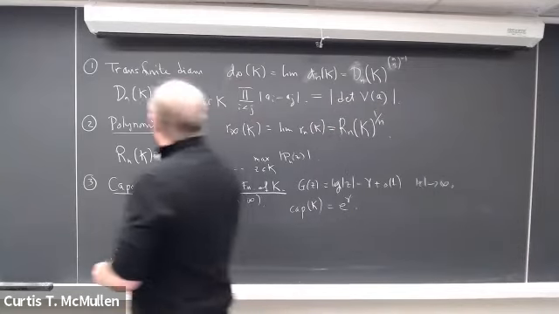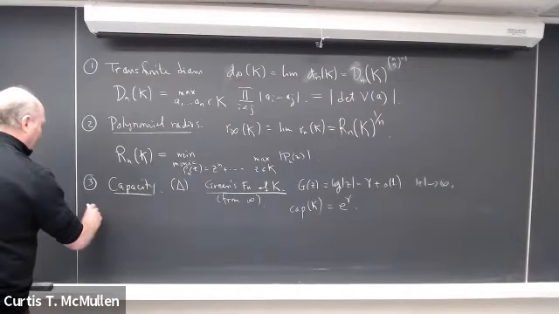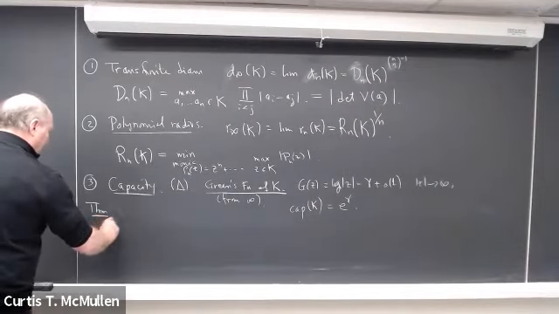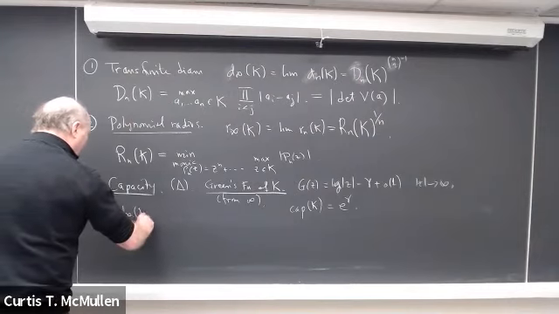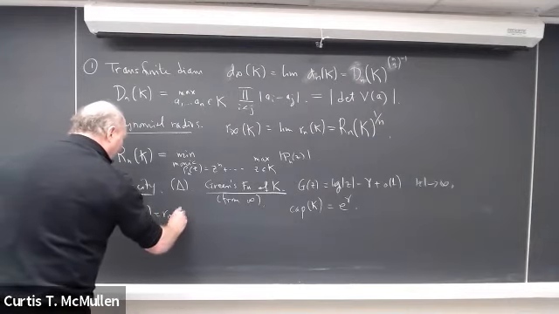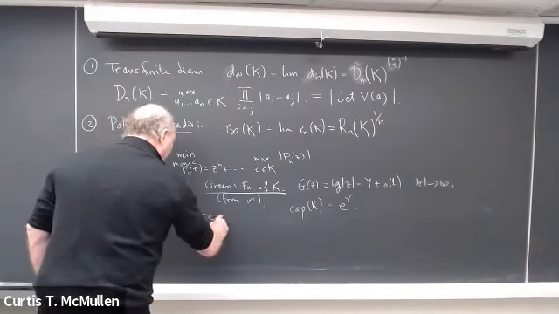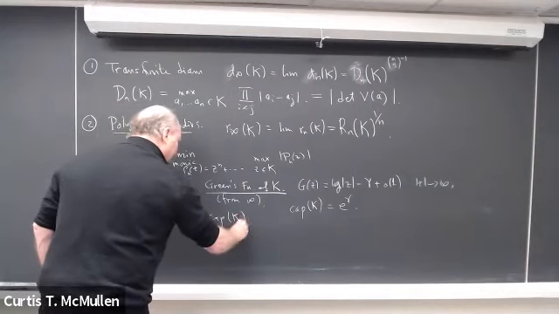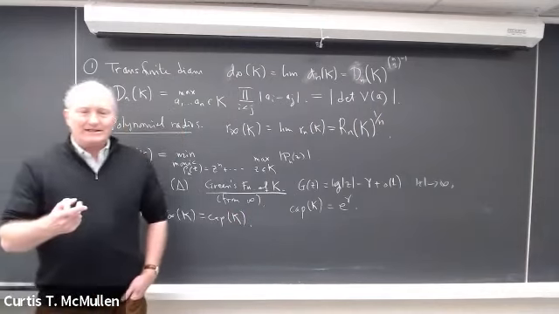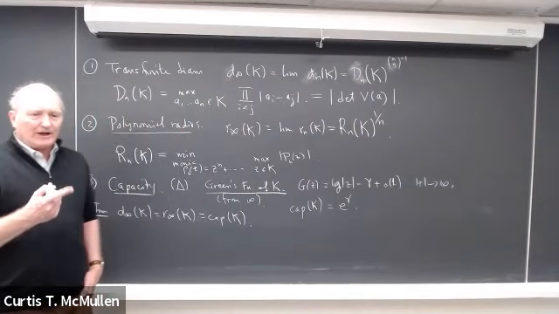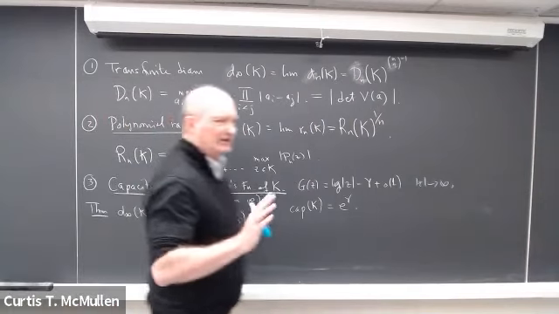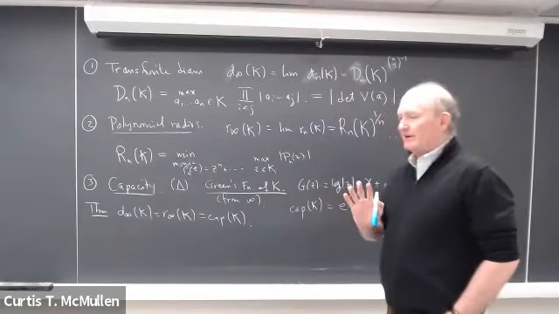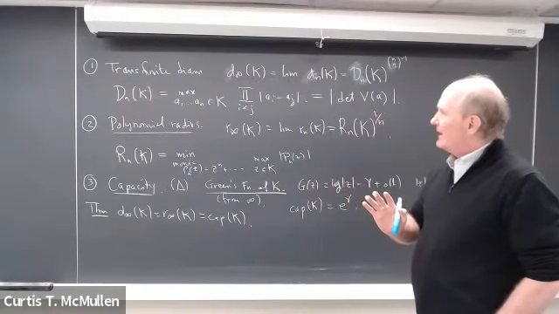And then the main theorem is that all of these are the same. So d infinity of k equals r infinity of k is equal to the capacity of k. And as I mentioned last time, there's lots to be gained by the fact that you have three different definitions of the same quantity.